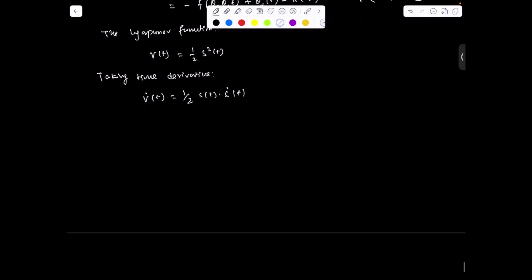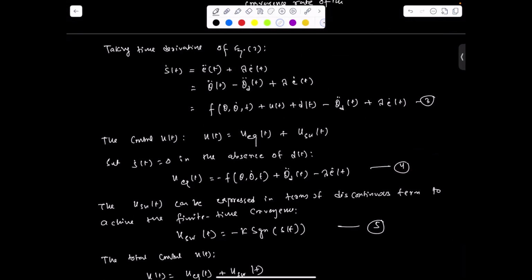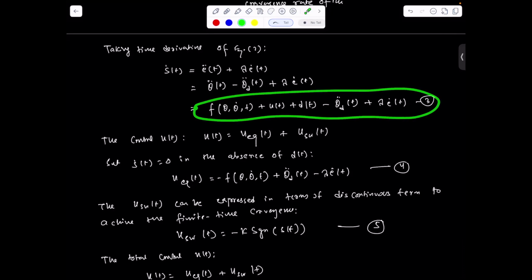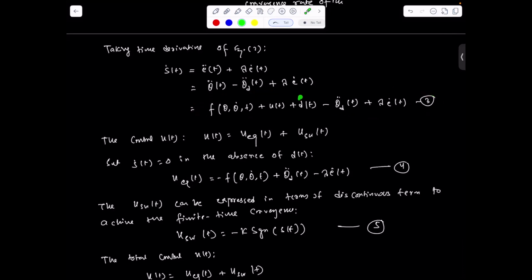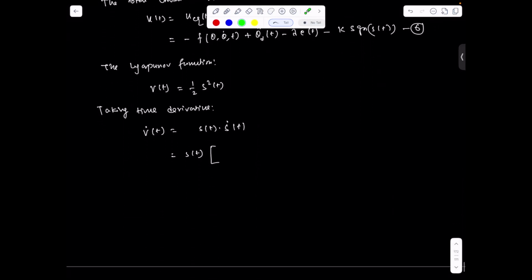Now here we can substitute in place of s dot t, sorry, this half will not be there. So in place of s dot t, we are having this expression. Now we'll substitute the full expression, what we have here, equation 3. And here we have to consider disturbance also, because we are checking the stability in the presence of disturbance, right?